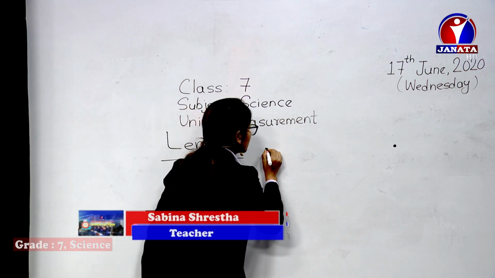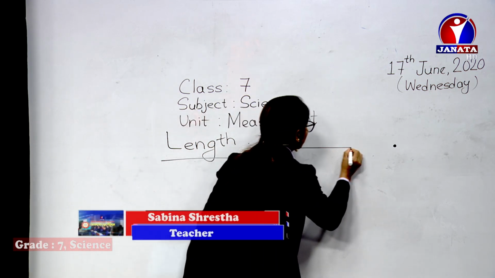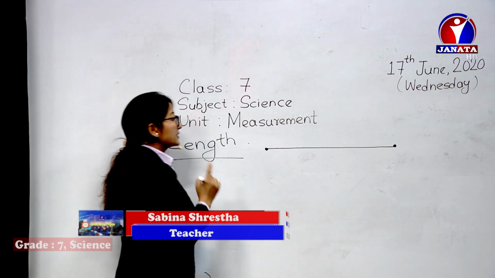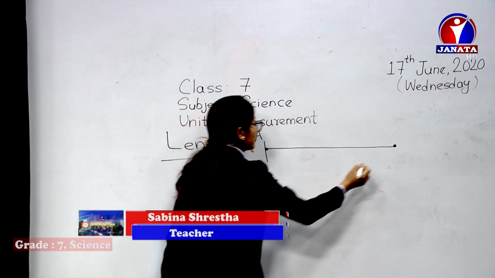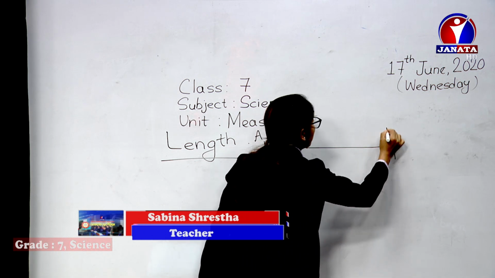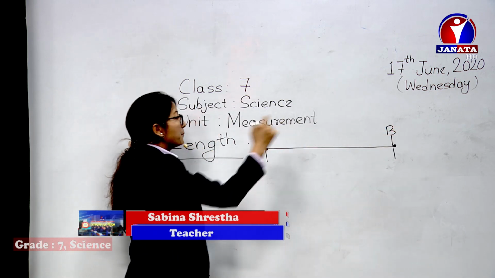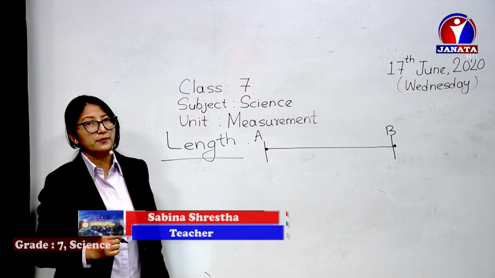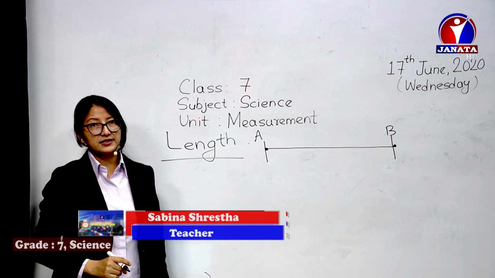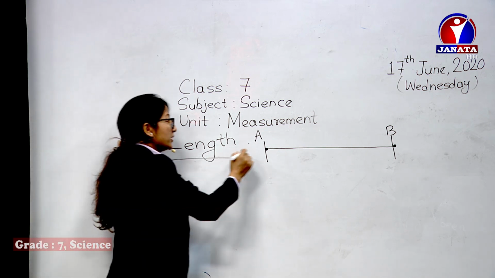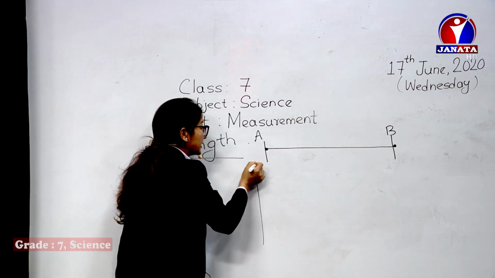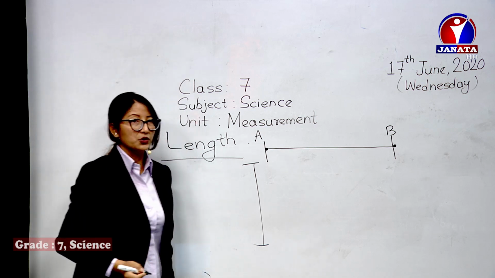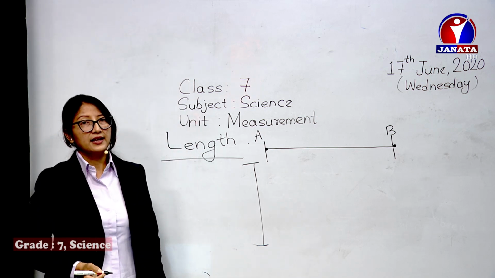I'll simply try to join them first with free hand. This gap is called length. Suppose this is point A and this is point B. The gap between these 2 points A and B is called length. Now it can be in this form, or it can be in height form like this also. So in different forms you can get the length.